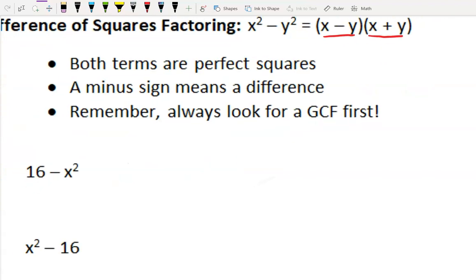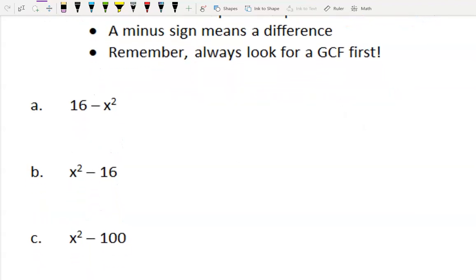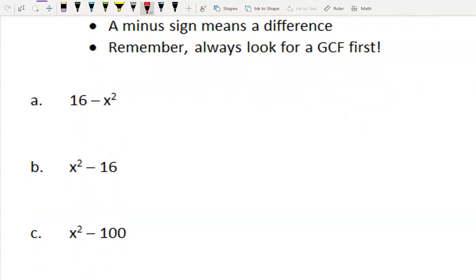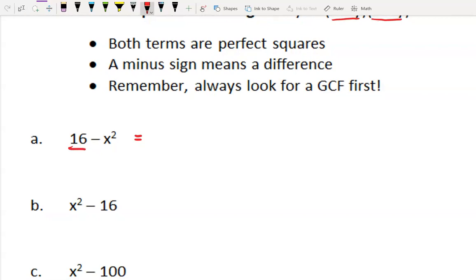That's called difference of squares. This is the easiest factoring you're going to do if you recognize it. How do I know it's a difference of squares? Well, perfect square, perfect square. And there must be a minus sign in the middle.